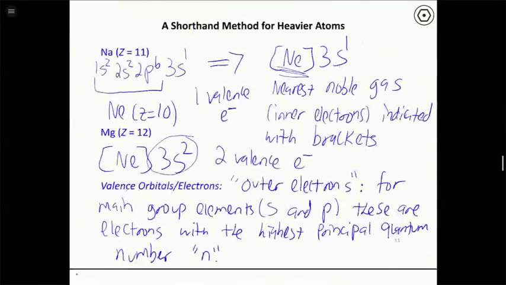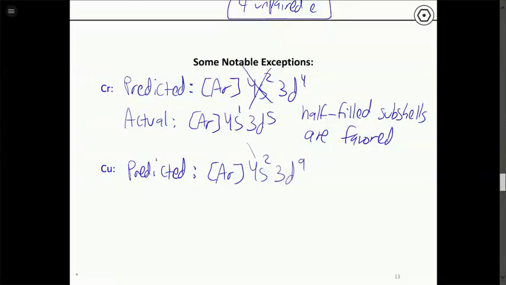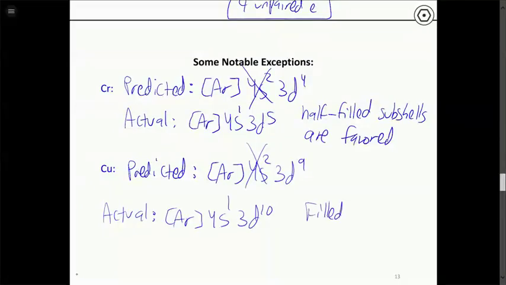So what we would predict the configuration for copper to be is argon, then we have 4s2, 3d9. So this is also not correct. We again take one electron from the 4s and bump it up to 3d. So it's 4s1, 3d10 instead, because the filled d subshell is favorable.